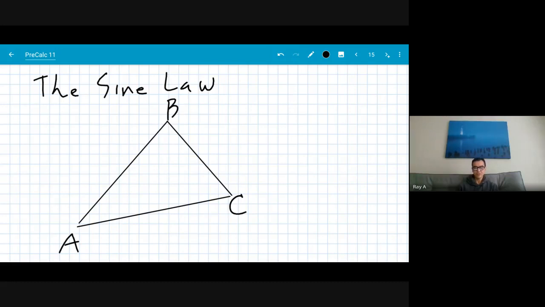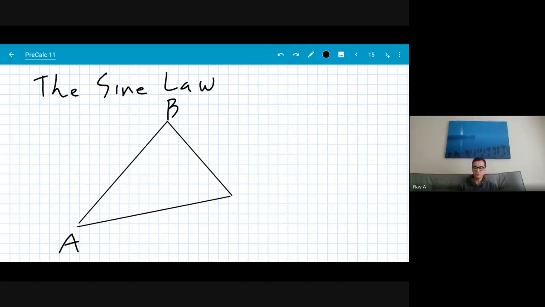So we have triangle ABC. Now triangle ABC has vertices which are labeled using capital letters or uppercase letters, right? That is how you label a triangle. You don't really label a triangle like this, all right? A, B, C, all right? You don't really do that.